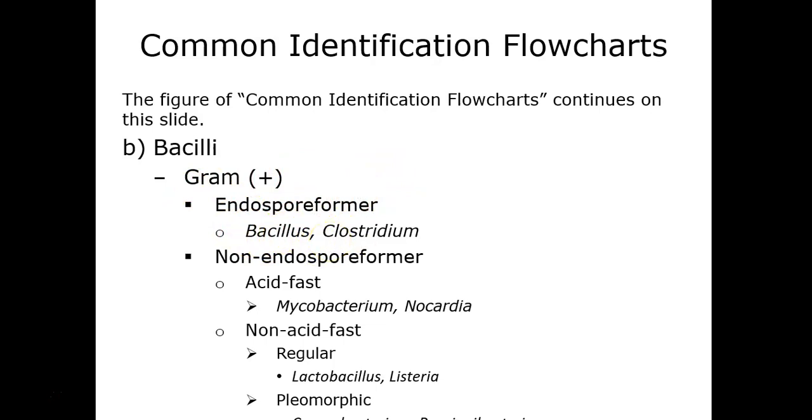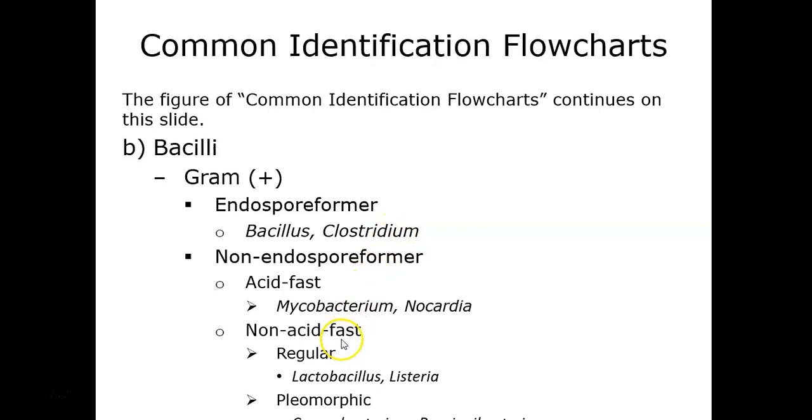So you know right away that if you have an organism that produces endospores, and remember that when we do the endospore stain, the spores stain green due to the malachite green, and the vegetative or normally growing cells, the rod-shaped cells, stain pink due to the safranin. So we get these green endospores in a hue of pink vegetative cells. And that would limit us to things like Bacillus or Clostridium, which are from the soil.